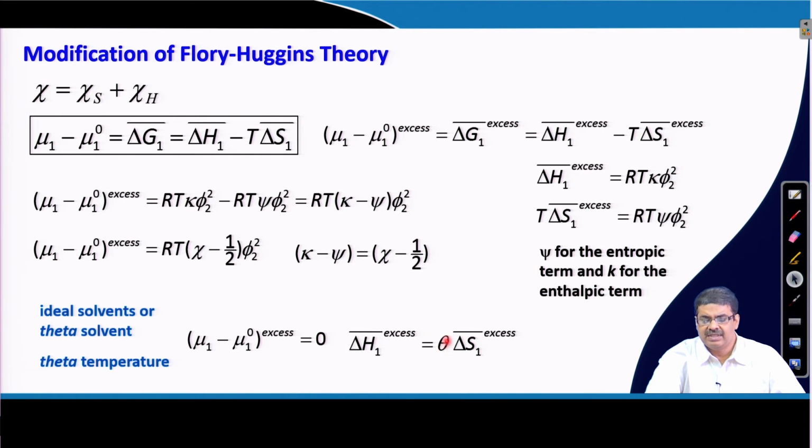Now, theta is a temperature, so this is a positive term, hence the sign of these two excess terms must be the same, which means if the partial molar enthalpy change increases, the corresponding entropy will also increase, and theta can be said to be the ratio of the partial molar excess enthalpy divided by the partial molar excess entropy.